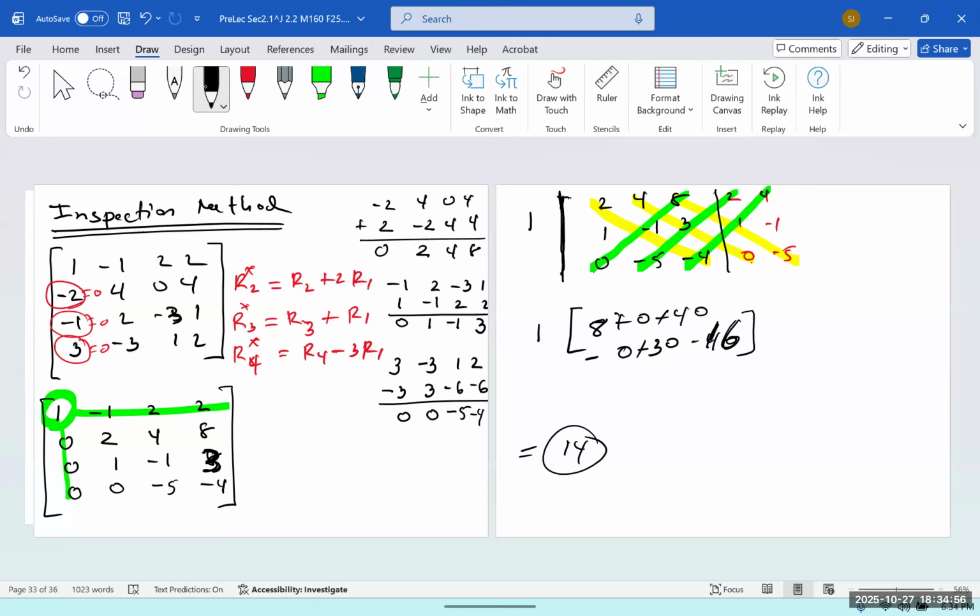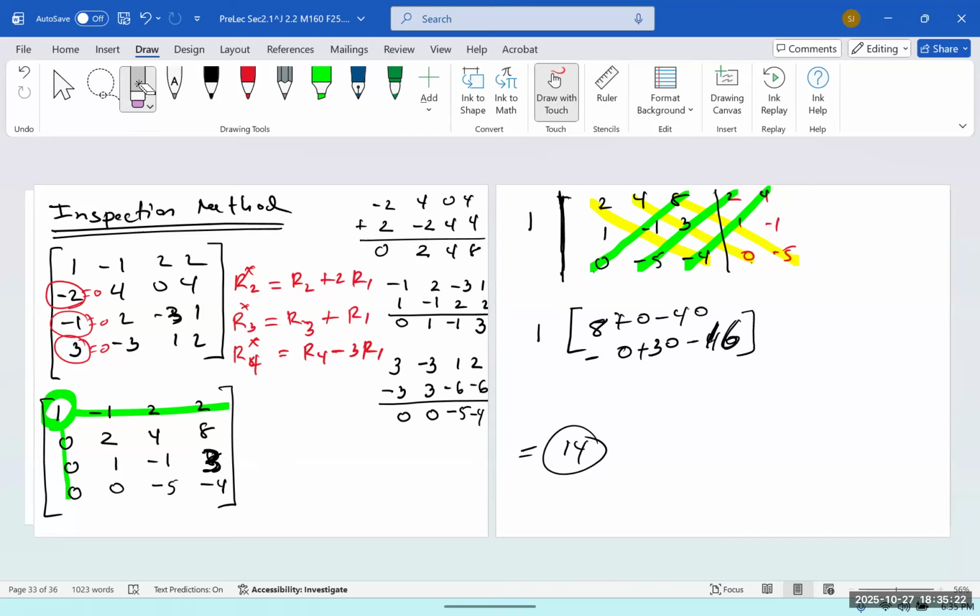If these are negative, 40 is negative, 30 is positive, and 16 is positive, or 16 is negative. We have 56 and 38, something like that. I have my signs wrong somewhere.